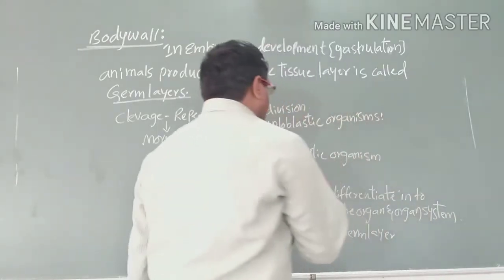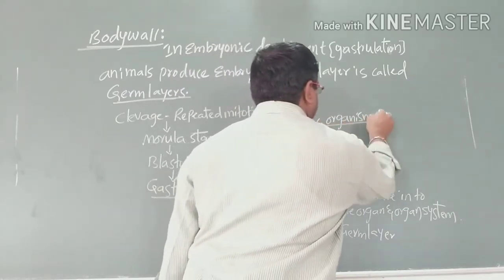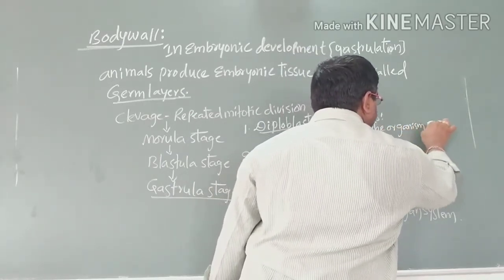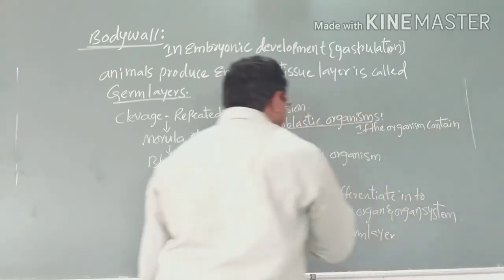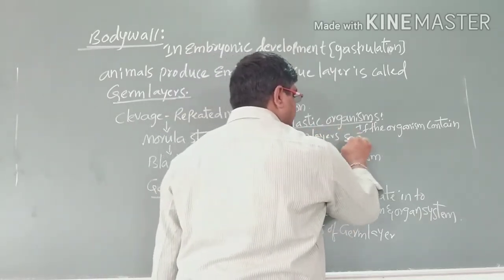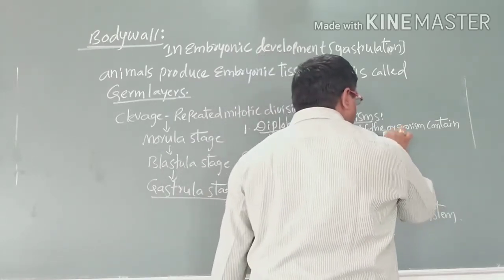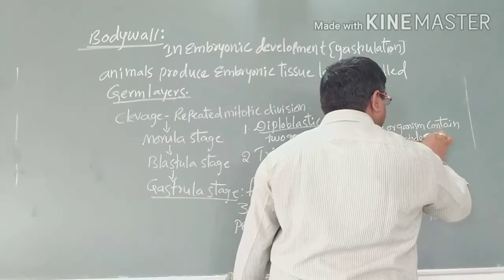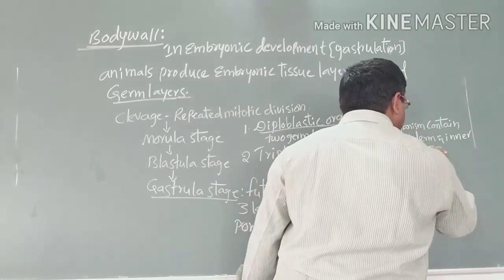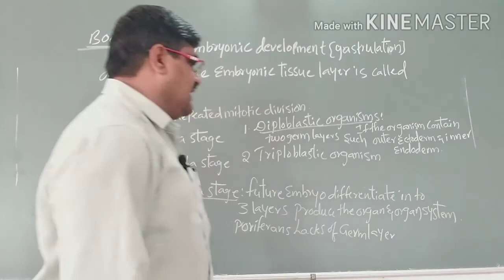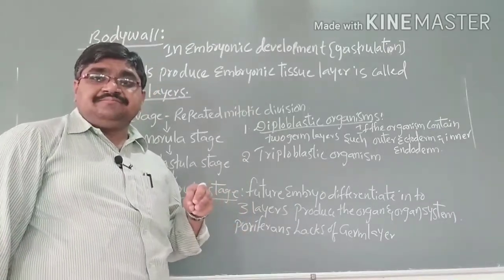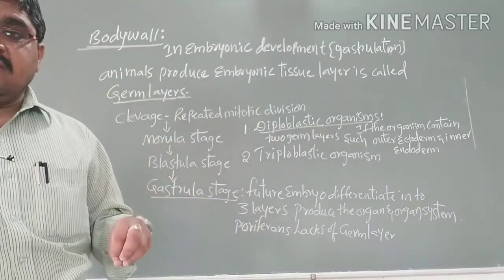If the organism contains two germ layers, such as the outer ectoderm and inner endoderm, then we call them diploblastic organisms.